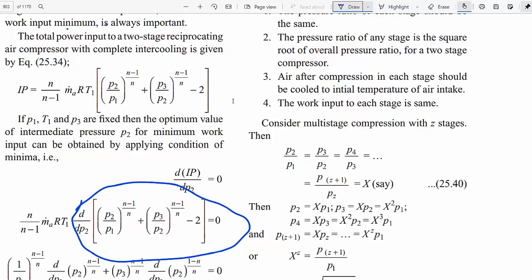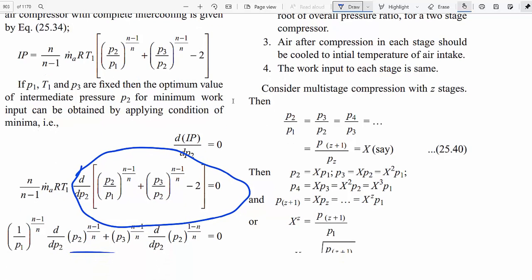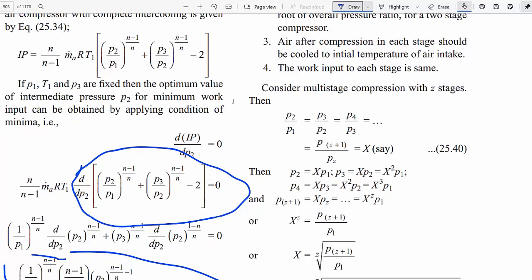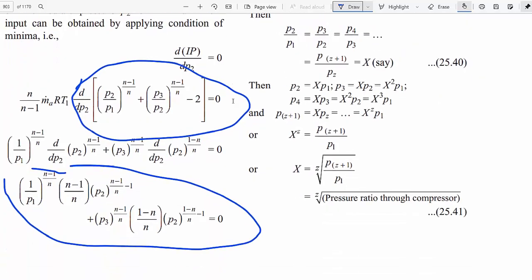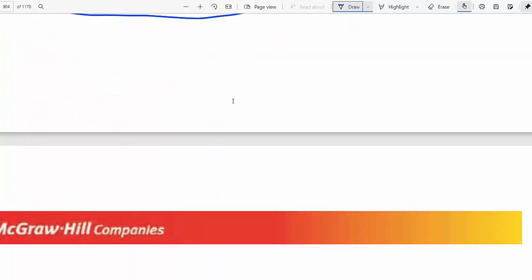But for perfect intercooling or minimum work input, the pressure ratio of all stages of compression is the same. Okay, this is the concept. This is the condition for minimum work input in a particular two-stage compression.